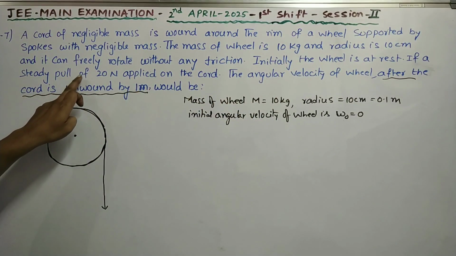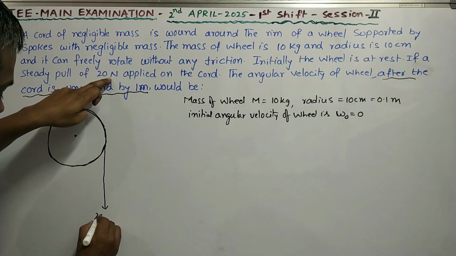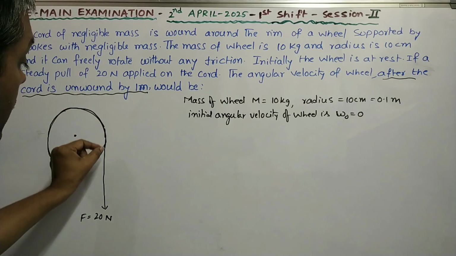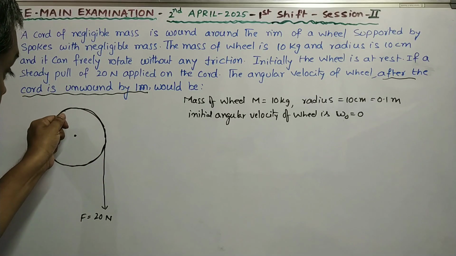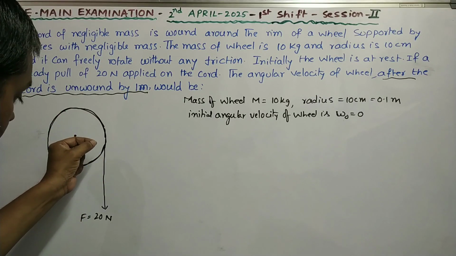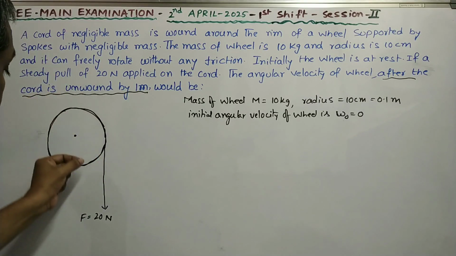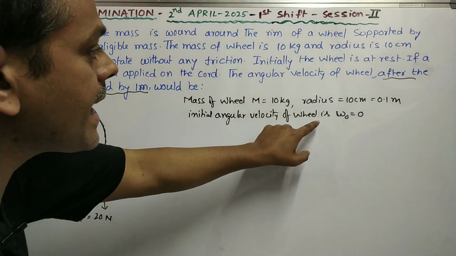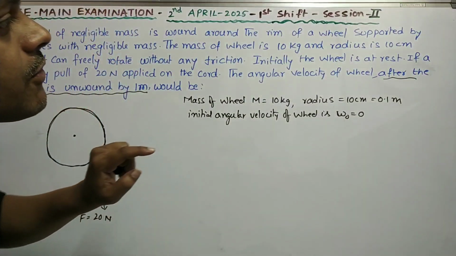A steady pulling force of 20 Newton is applied on this cord. So what happens? When you pull this cord downward, the wheel starts to rotate. Initially its angular velocity omega naught is equal to 0.